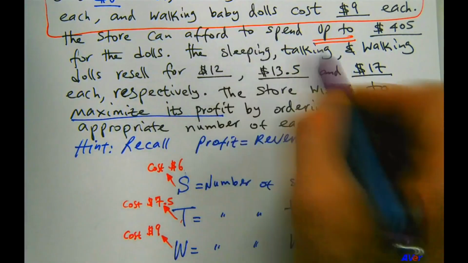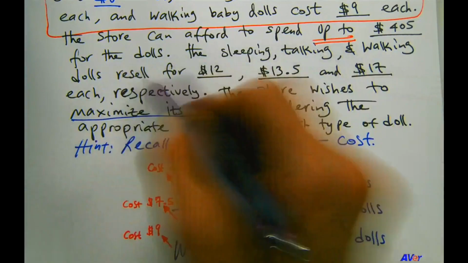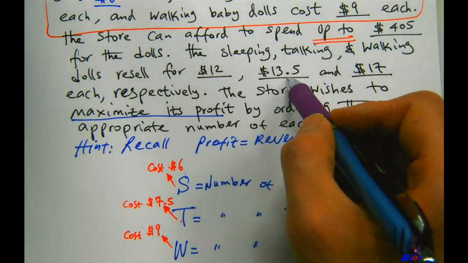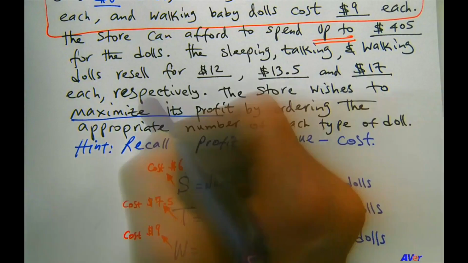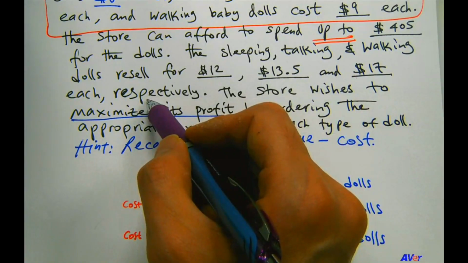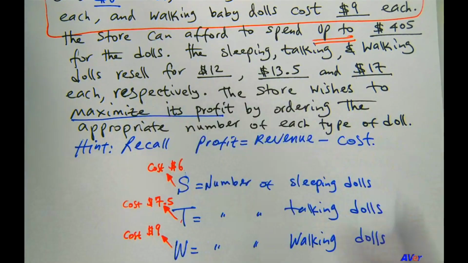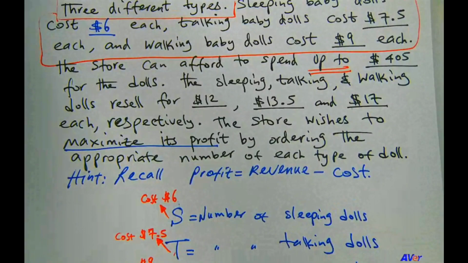The sleeping, talking, walking dolls resell for $12, $13.50, and $17 each, respectively. So this is the revenue, right? Anything that we sell to the customer, anything that customer pays us for selling them something, it's part of the revenue side of an equation, right?